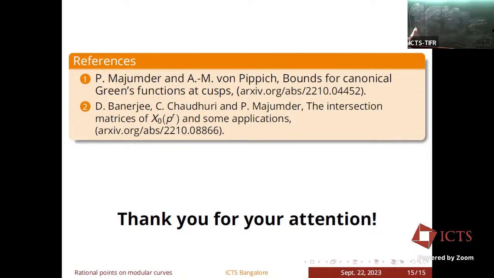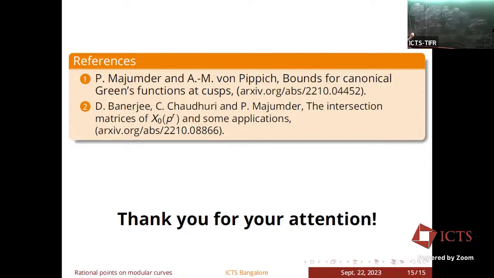But here X naught n has to be semi-stable over this ring of integers. But in our case, for p cubed and p to the power 4, it's not semi-stable. So first we have to find the semi-stable model, then calculate this, and then there's an application.